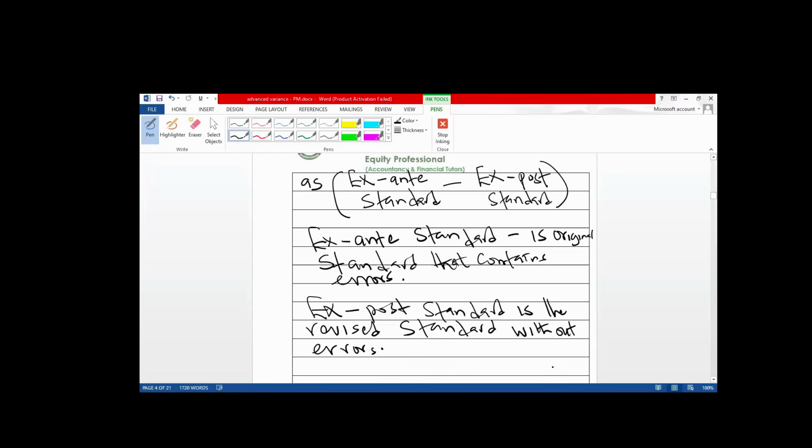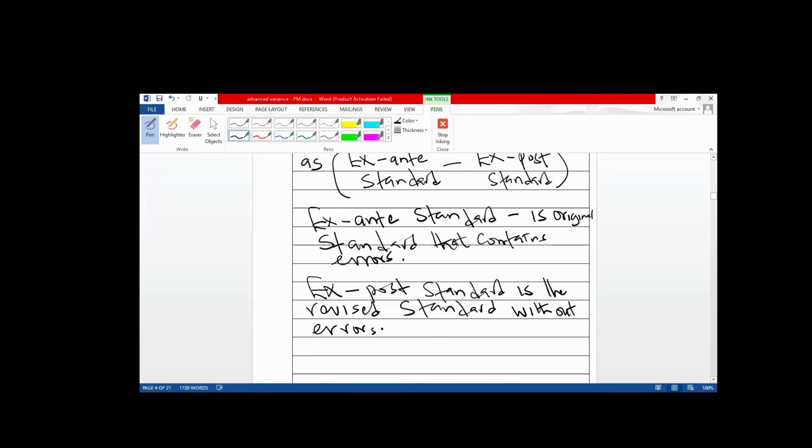Now, planning variance enables us to know the amount of errors in our standard. We cannot blame workers for errors committed by management.